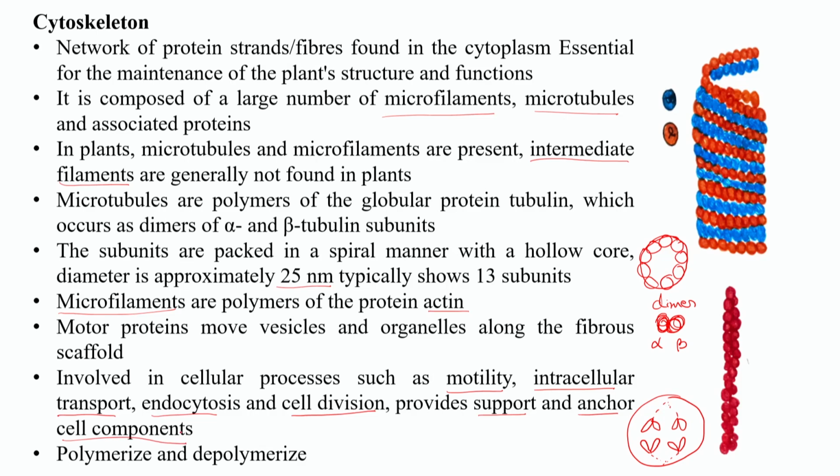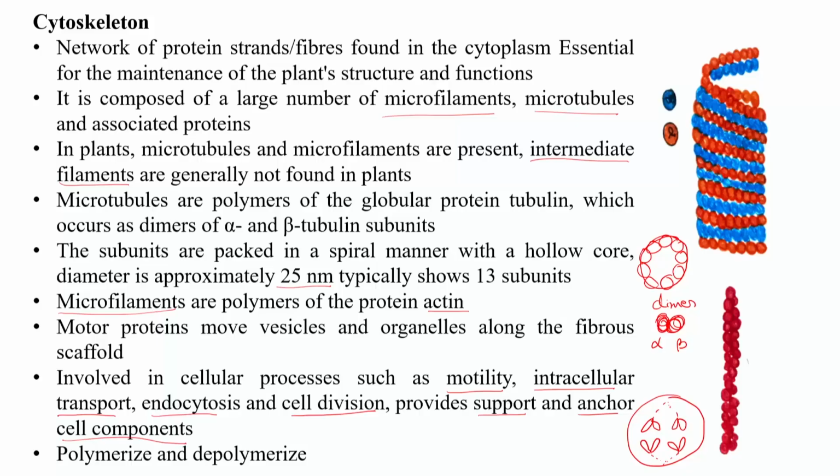Many cellulose fibrils found in the cell wall are also held in position because of these cytoskeletal elements. They do so because they can easily polymerize and depolymerize to change shape. They are not fixed; depending on the requirement, if they have to move, transport or pull something, they can polymerize and depolymerize.